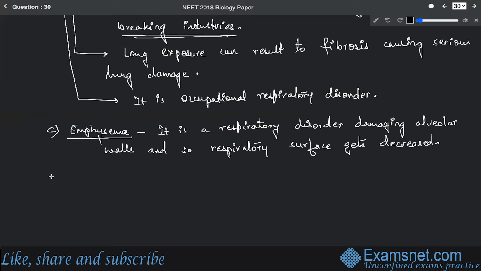All right. And the last is botulism. Botulism is a case of food poisoning caused by Clostridium botulinum.